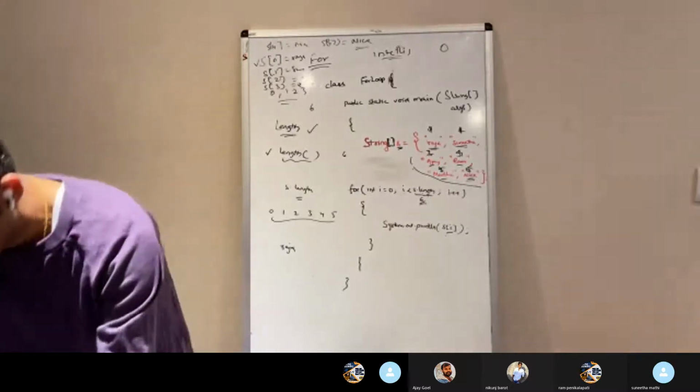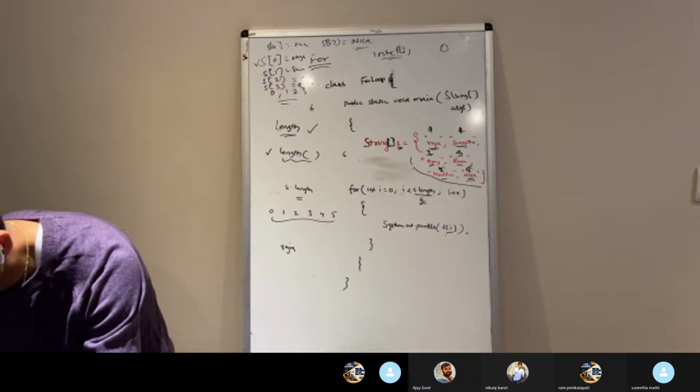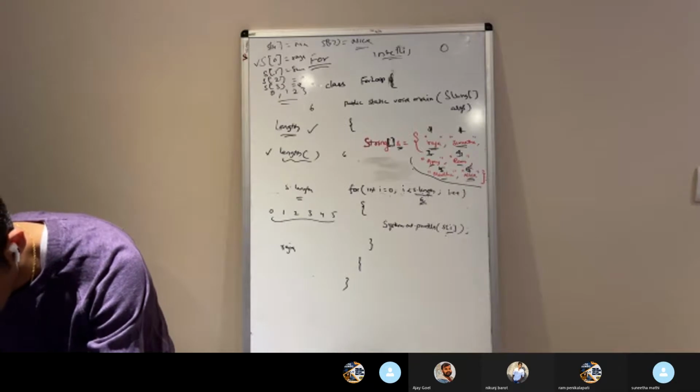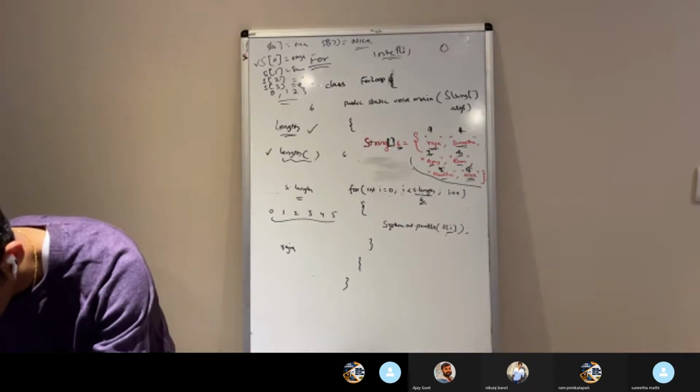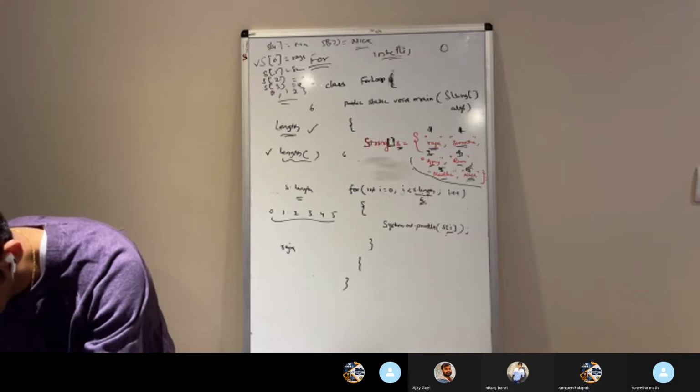So simple. I'll write the same program here, in the for loop itself. i less than s dot length. String s is equal to, I'll write an array.